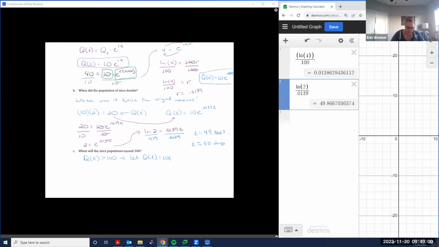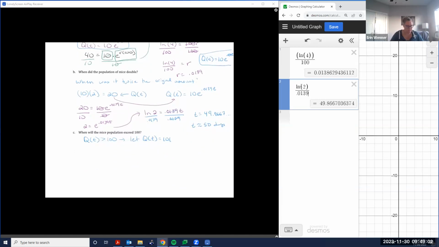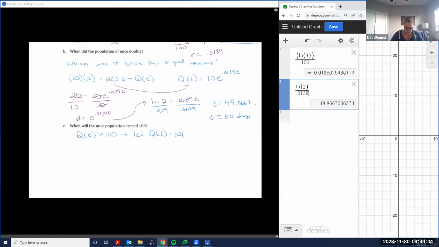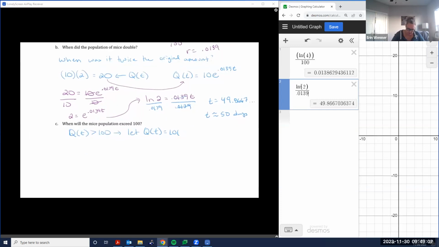So if we let Q of t equal 101, we've got, again, our formula, Q of t equals 10 times e to the 0.0139 t.